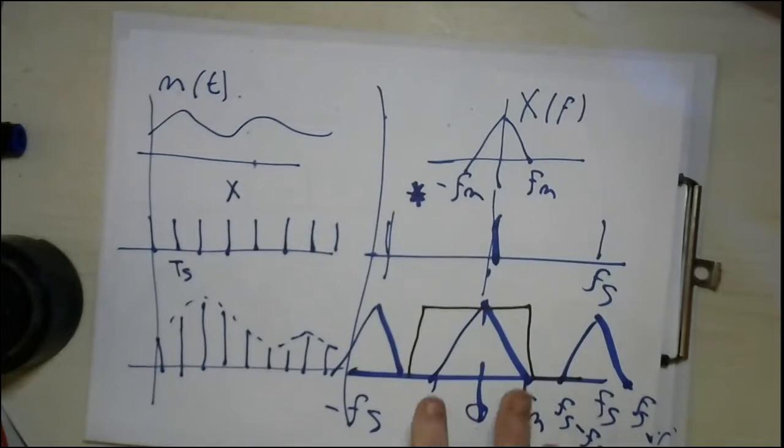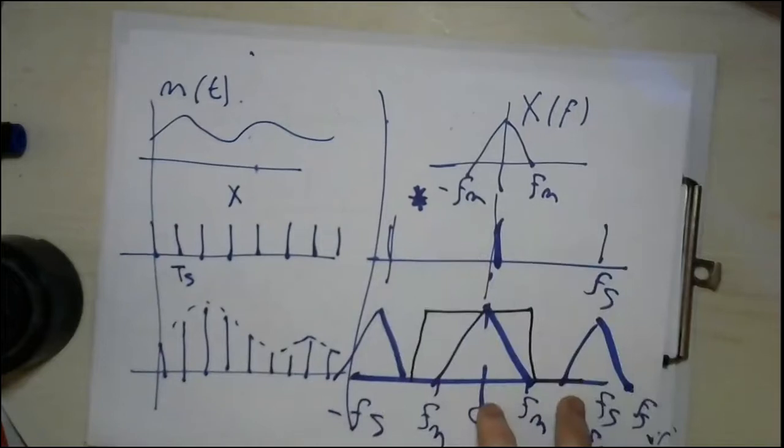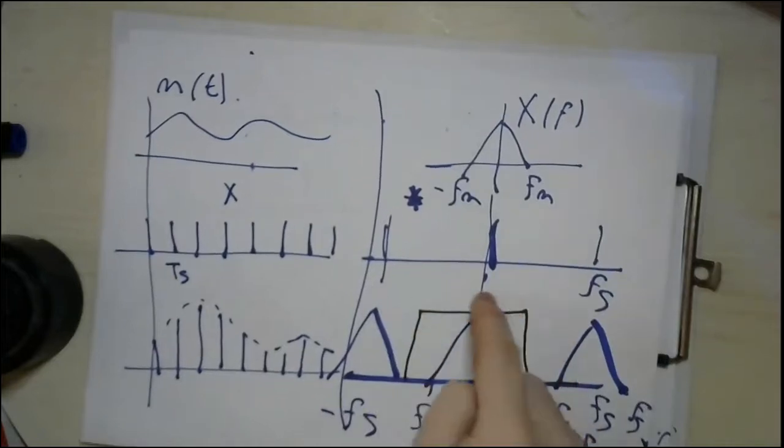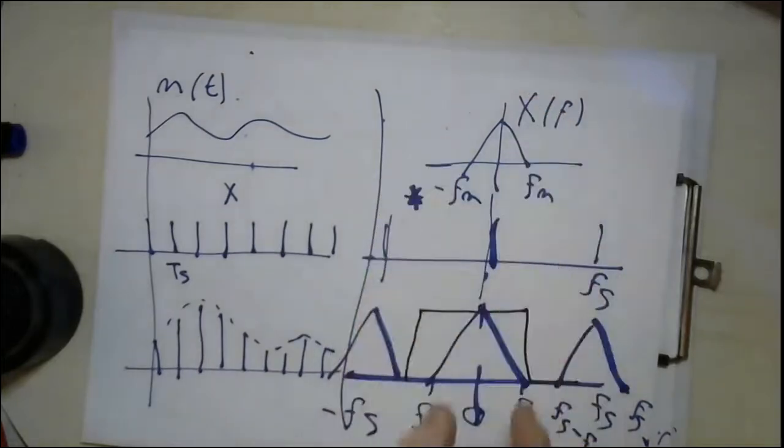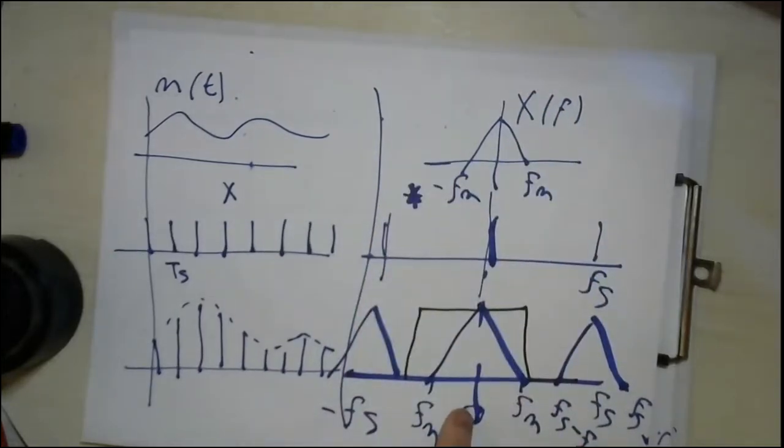So this is very easy as long as you still have a clean and clear main triangle in the passband. It's a passband because it's around zero frequency, by the way.